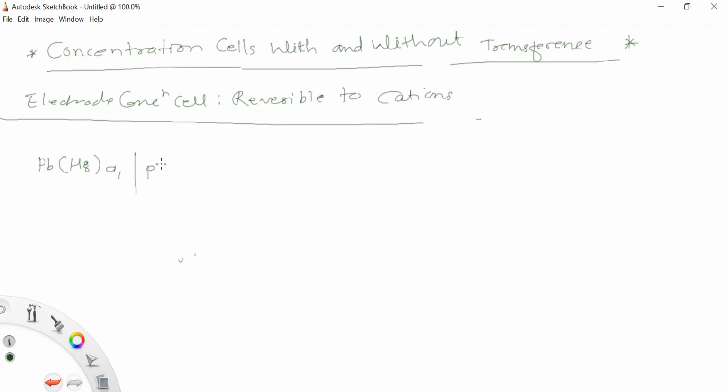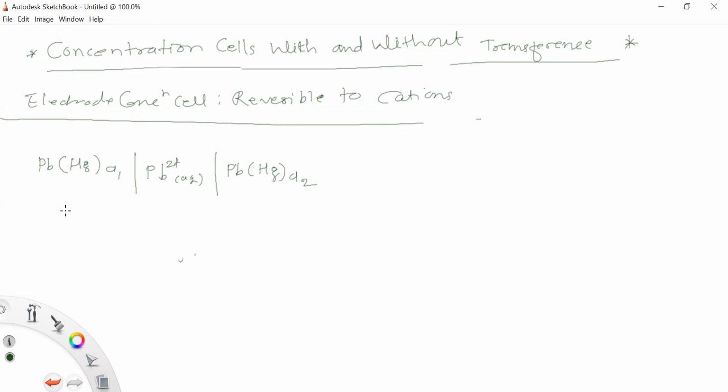This is the electrolytic solution, Pb2+ aqueous, and the second electrode is Pb-Hg having the activity A2. So this is the cell representation of the electrode concentration cell reversible to cations.